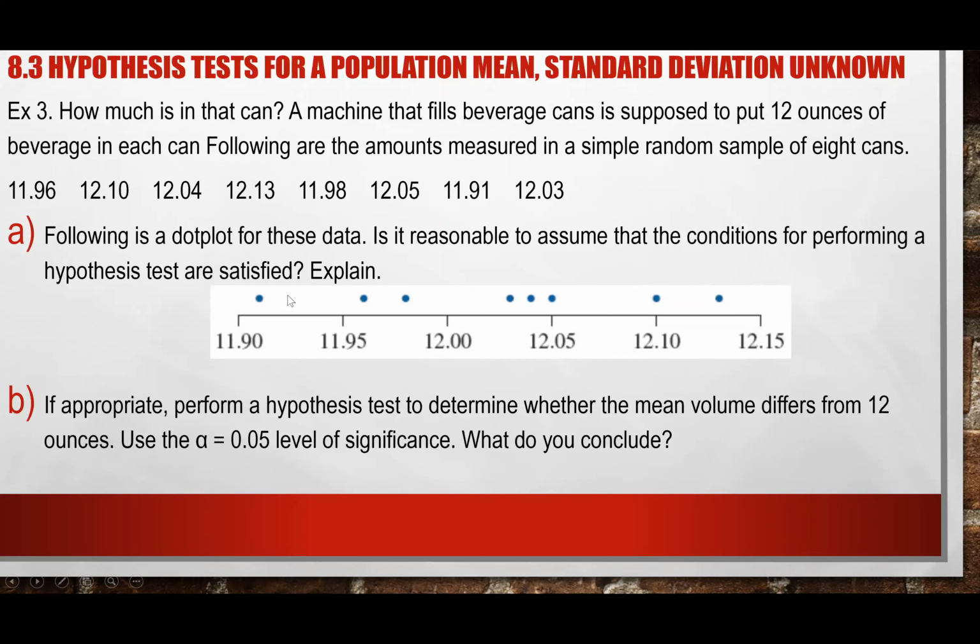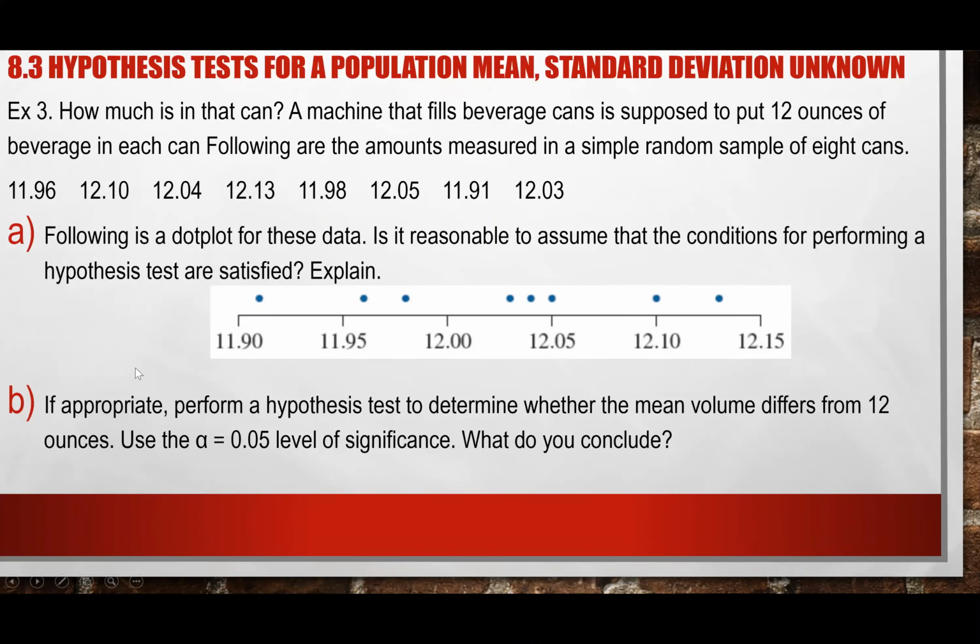Now they give you this dot plot, and they ask you, given this dot plot, is it okay for us to perform the hypothesis test? Looking at this, as you can see, the data is very close together. Every time we jump is 0.05. We don't have any extreme outlier, meaning we don't have any data like 18 ounce or 6 ounce.